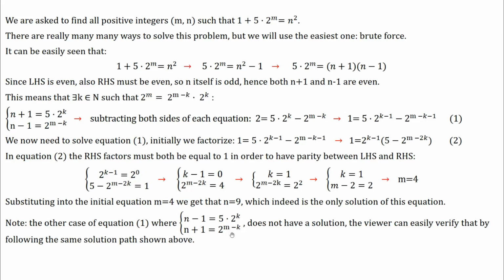But this system of equations does not have a solution. The viewer can easily verify that by following the same solution path we saw together. So we finally say that the only solution to the given equation in the set of positive integers is m and n equal respectively to 4 and 9.